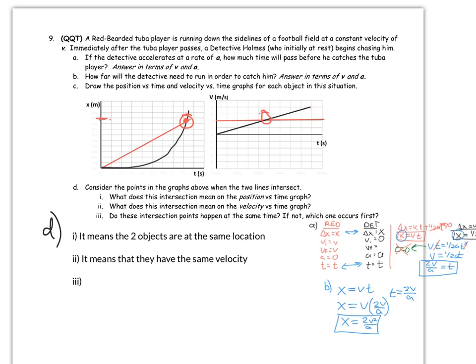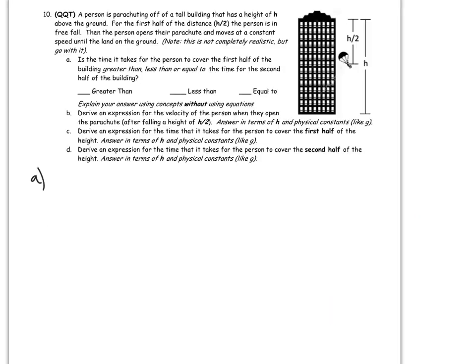Another way of looking at it is that the area of this triangle would have to be the same as the area of this rectangle at the point when they catch up, and clearly that's not going to happen at this point here. Those areas have to be the same because their displacements have to be the same. So the intersection point for the position happens later. The first one to happen is the intersection point for the velocity, when the detective reaches the speed that the tuba player is running at.